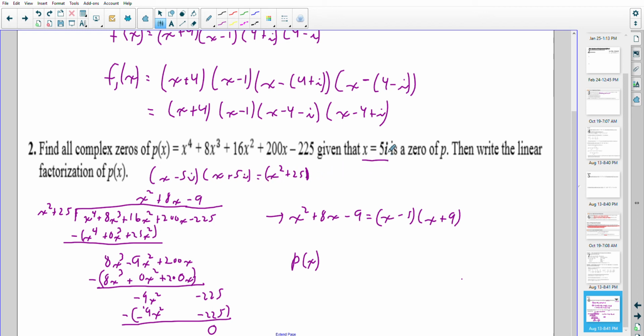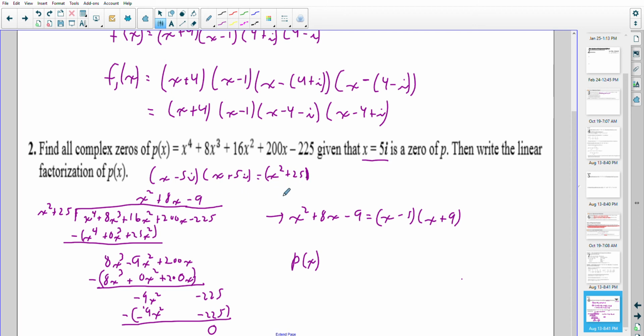And 5i doesn't really help me when I want to divide out. So what I want to do is, first of all, go ahead and find the product of the two conjugates. So x minus 5i, x plus 5i, when you multiply that out, you get x squared plus 25.